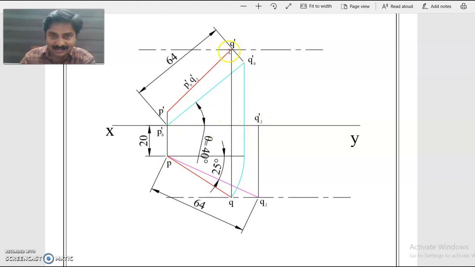So with Q dash as center and P0 dash Q2 dash as radius, we will cut the projector from P upward somewhere. That point is P dash. So P dash Q dash can be joined and marked. So PQ is the top view, P dash Q dash is the front view. This is the solution of the problem.